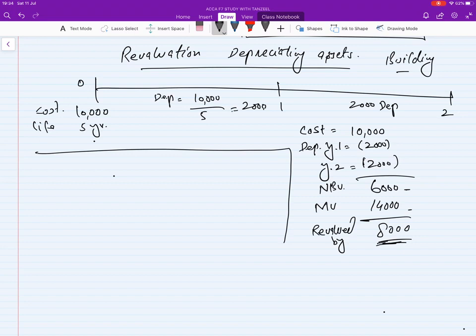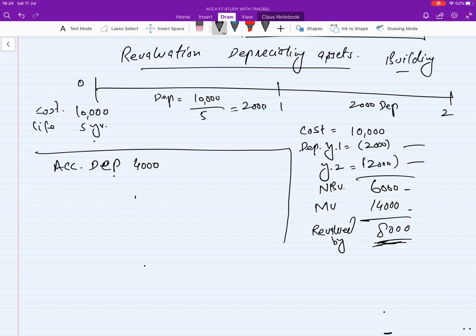Thus, for the depreciating asset, the standard says reverse all the depreciation you have before. It means we were having 2 years of depreciation, 1 and 2, so we will reverse all accumulated depreciation. We will reset it to 0, and it was being revalued by 8,000.